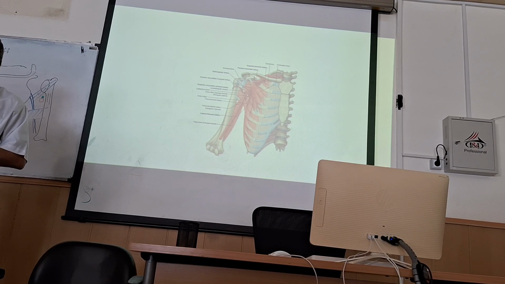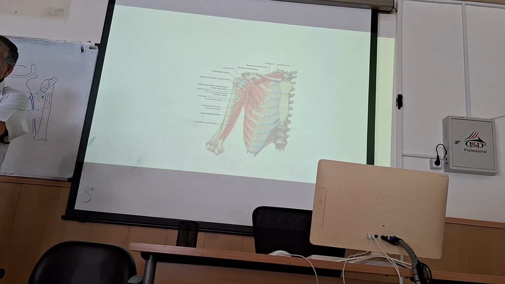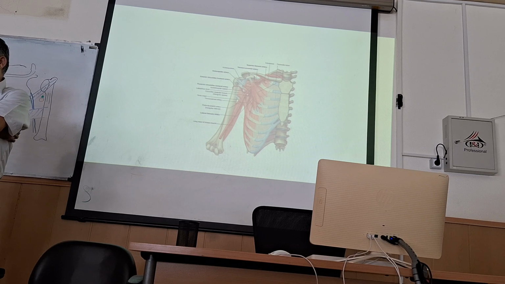Pectoralis major, pectoralis minor, and subclavius complete its formation. The posterior wall is formed by three muscles: subscapularis, teres major, and latissimus dorsi.